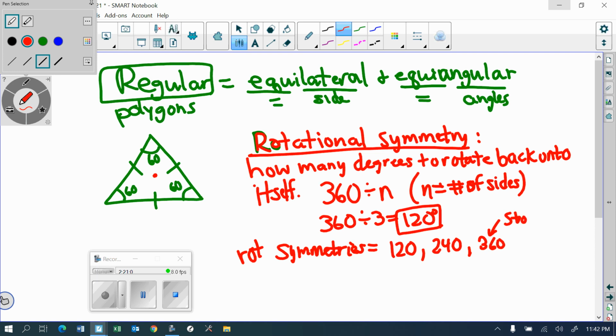Stop before 360. So for an equilateral triangle, the only two answers are 120 and 240 degrees. I would just keep adding on that same original one each time until I hit 360 or beyond it, and I stop at the one before the 360.